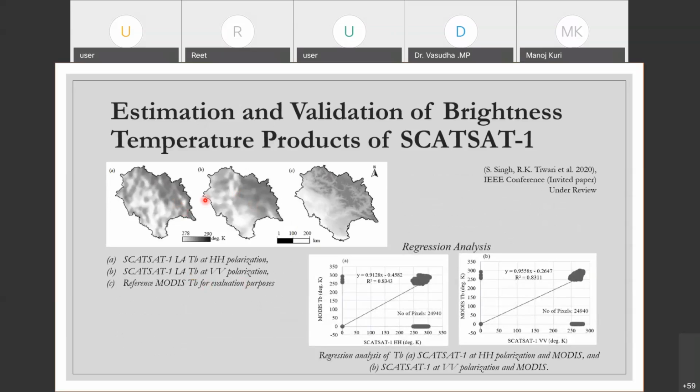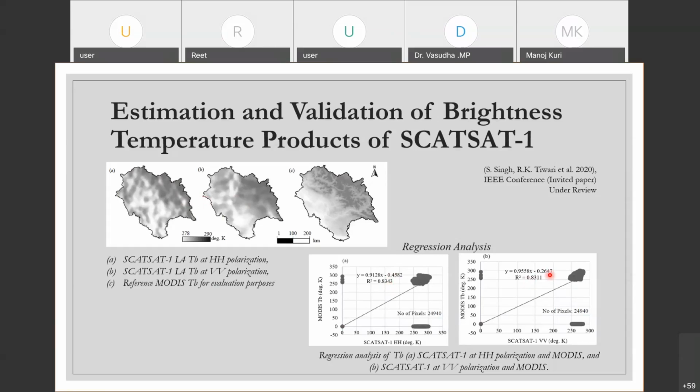You can download the brightness temperature data, but it has never been verified in the field. So we took the MODIS brightness temperature data and compared it with the brightness temperature derived from the SCATSAT-1 data. The results clearly show that the data has a very high correlation.